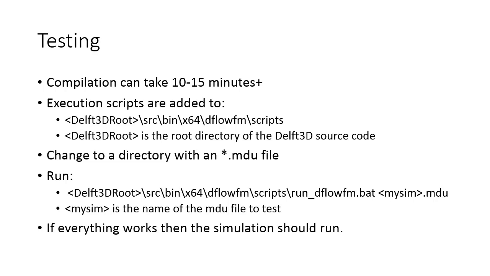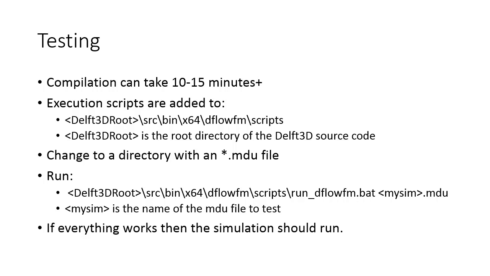So compilation can take a while, 10-15 minutes plus, but once it's done, you'll find execution scripts added to the directory that I've described there. So there's a bin directory created in the src folder, and then under x64 Delft3D FM scripts, there are a few scripts that get added.